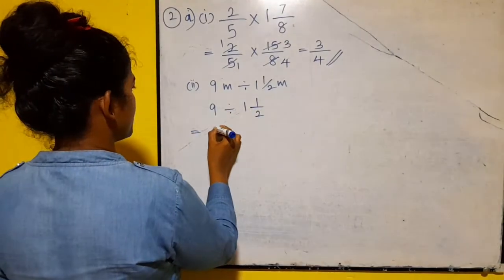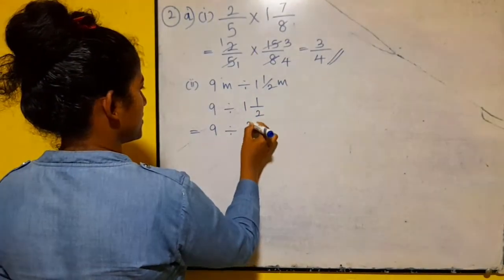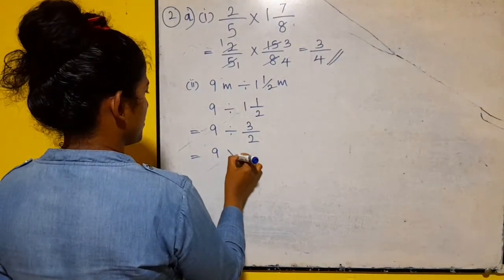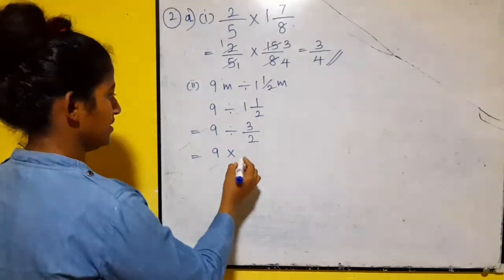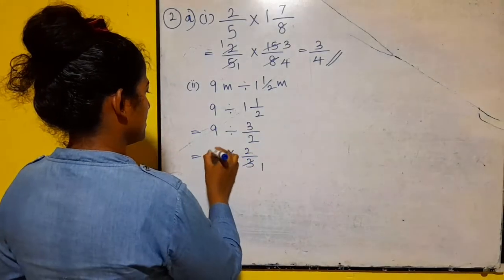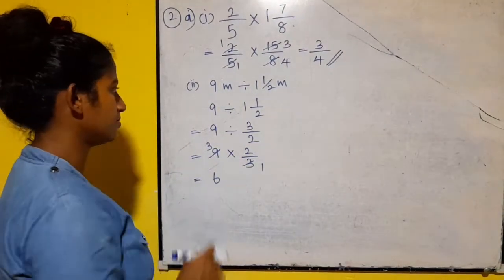First we will convert this into an improper fraction, that is 3 over 2. Then we take the reciprocal by converting this into a multiplication, that is 2 over 3. Then 3 times 1, 3 times 3. Then the answer will be 6. You can cut 6 pieces from that.